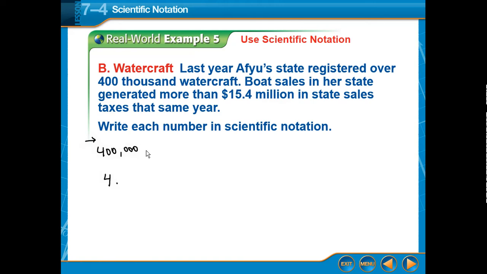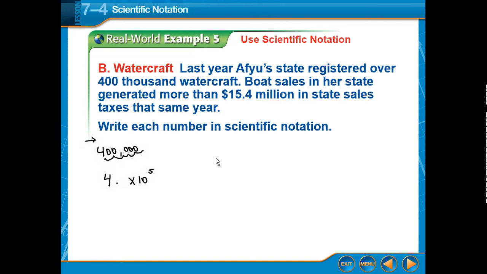So in order to get our decimal place from there to there, we're going to move it 1, 2, 3, 4, 5 times. So this is going to be 4 times 10 to the 5th, right? We made this smaller, so we want a bigger number to make up for it. Or if you want to remember, we moved our decimal place to the left, so it's positive.